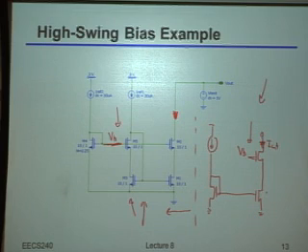Okay, so the big trick here is that let's just call this M1 and let's call this M3 over here, and I guess we can call that M2. So in that picture on the right, notice this structure over here is a cascoded current source, right? The structure on the left that should be a copy of it is not cascoded, right?